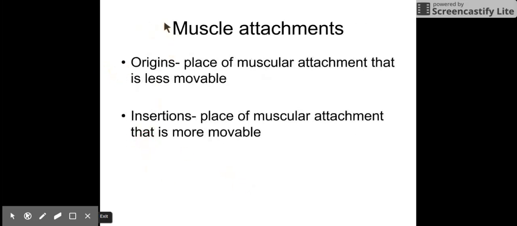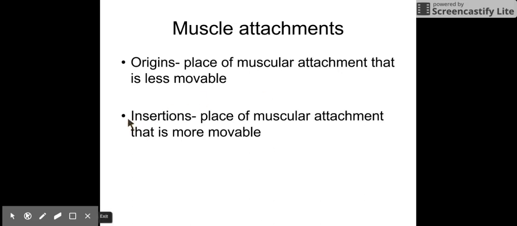Now, attachment points. We have origins and insertions. Origins are where a muscle begins, where it originates. And this is always at the less movable bone. And you always have to be thinking in terms of less movable and more movable, because you really have to think of bones as being either stationary or moving, because for each movement that your body creates, there is one that's stationary and one that is moving.